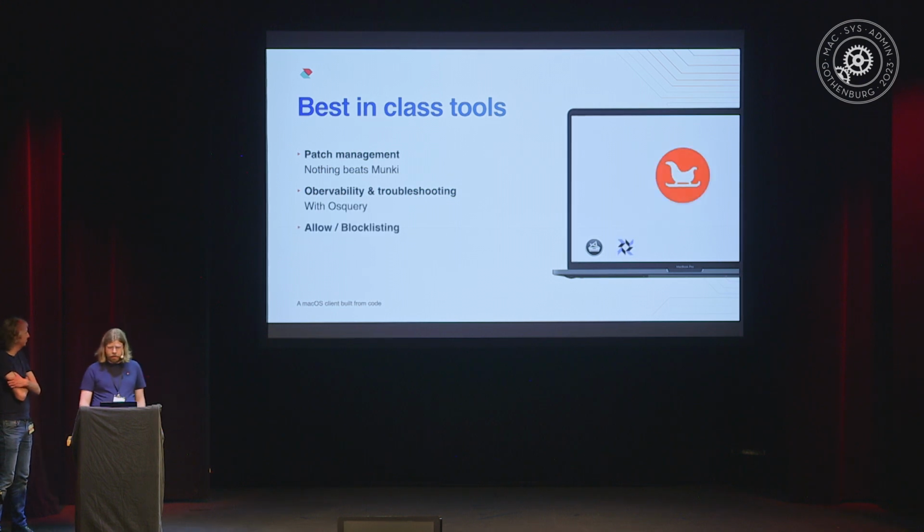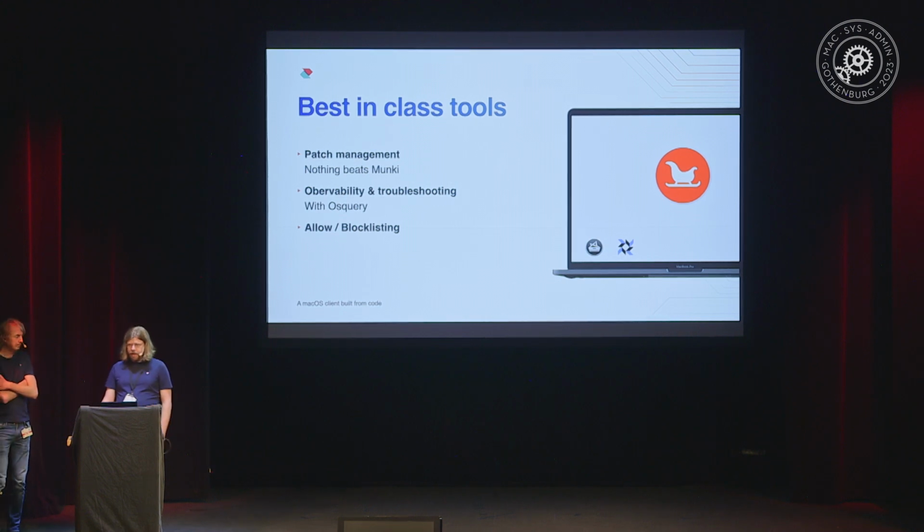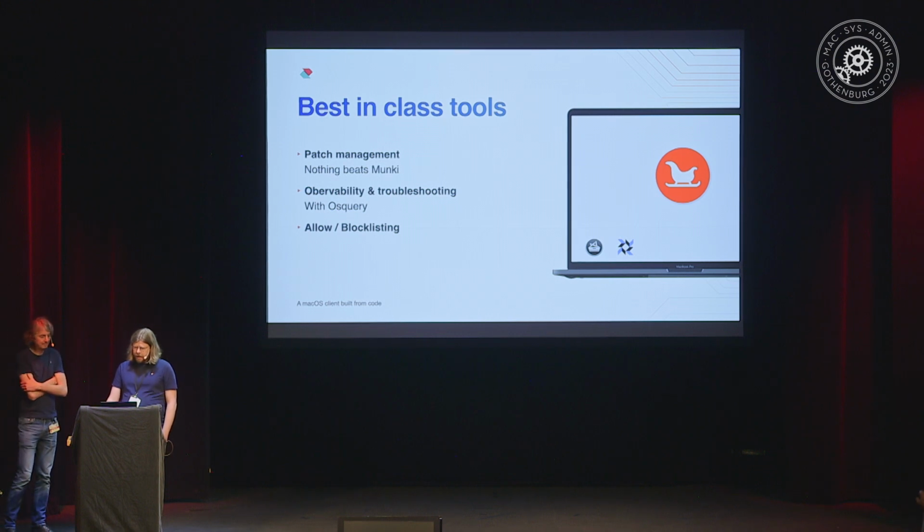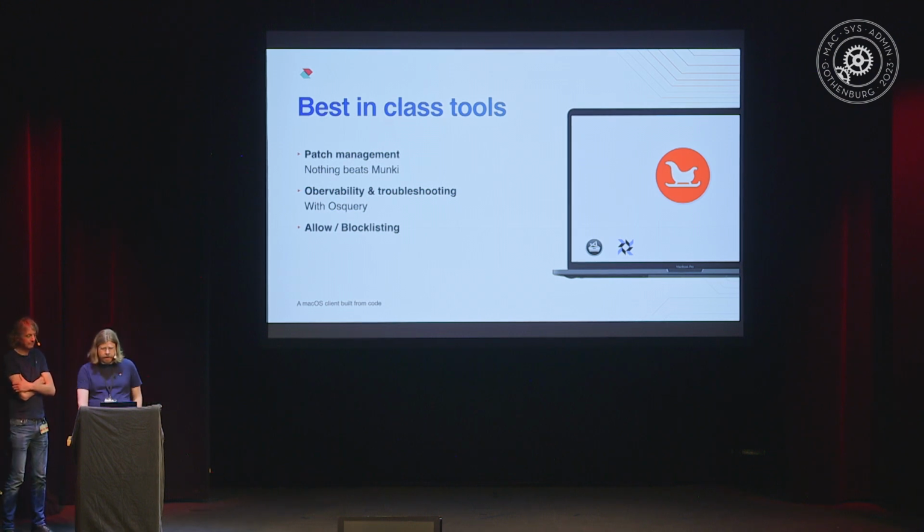Next up is allow and block listing of applications and binaries. We have to make sure that our users do not make too many mistakes, and we'll deploy Google Santa on our machines and use Central as the sync server. Santa has an endpoint security extension that can allow block applications based on the binary hash, the certificate hash, the team ID of the signature, and the team ID and bundle ID of the signature.